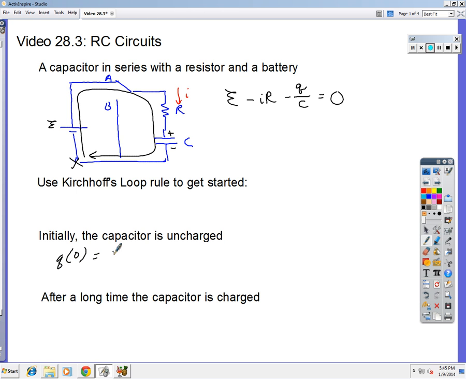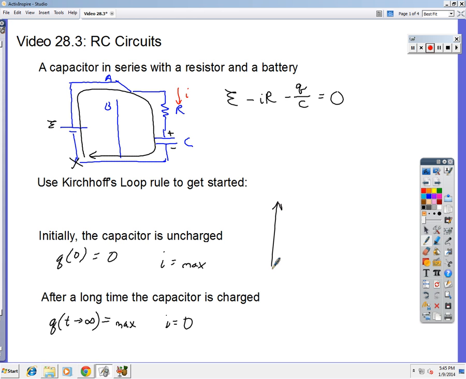Now initially the capacitor is uncharged, so what we're looking for is Q as a function of time, but Q at time 0 will be 0, and after a long time the capacitor will be charged. So Q of t approaching infinity will be its maximum value, and because it's no longer increasing, the current will be 0, whereas at time equals 0, the current will be at a maximum.